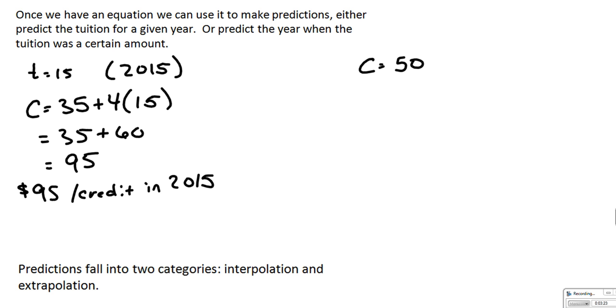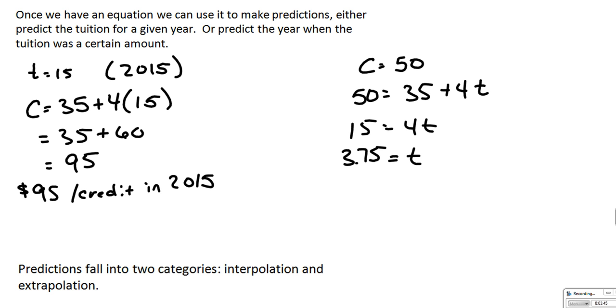If we use our model to predict in what year the tuition first hit approximately $50 a credit, we'd be putting the 50 in for C, and then solving for t. And looks like I'm getting a fraction for an answer.